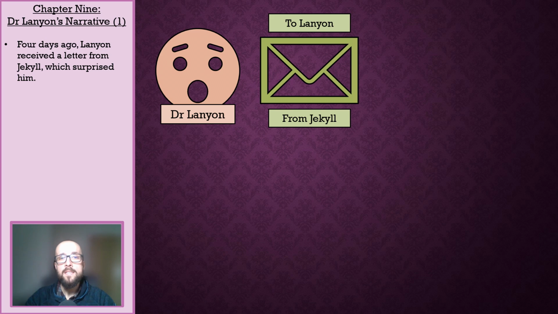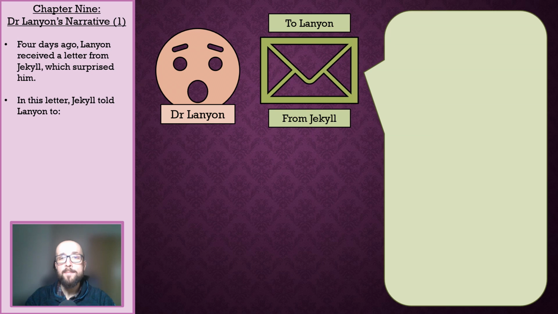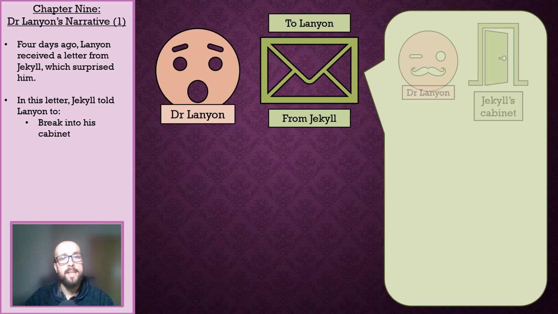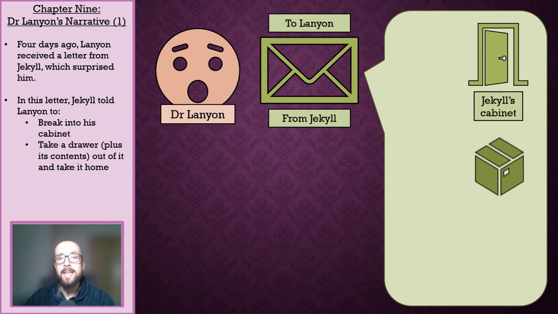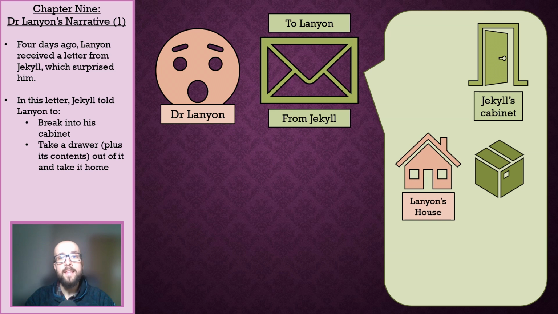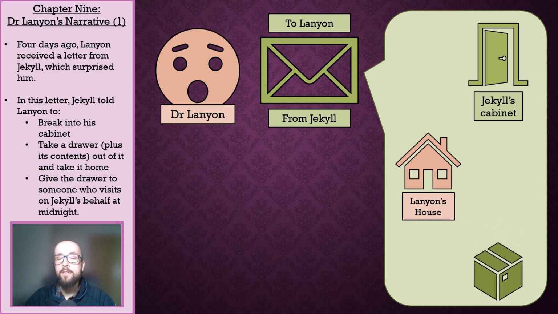In this letter, Jekyll gives Lanyon a very specific set of instructions, which are to break into Jekyll's cabinet, remove a drawer plus its contents from Jekyll's cabinet and take it all home, and then give all of this to someone who will visit Lanyon on Jekyll's behalf at midnight.